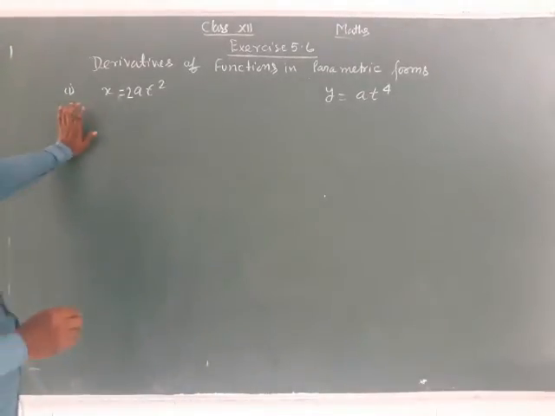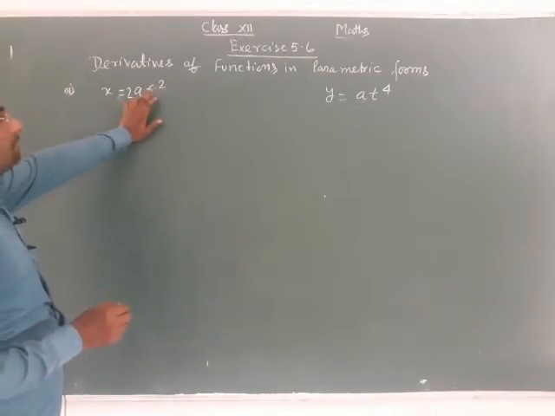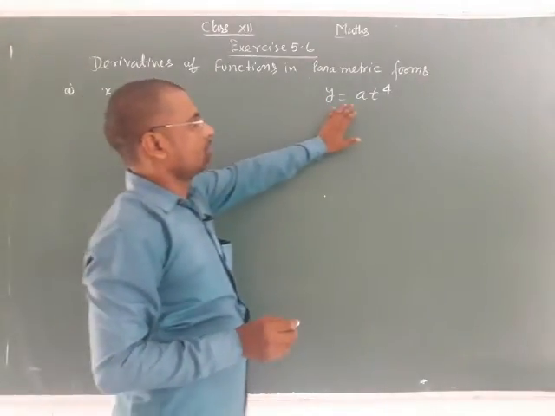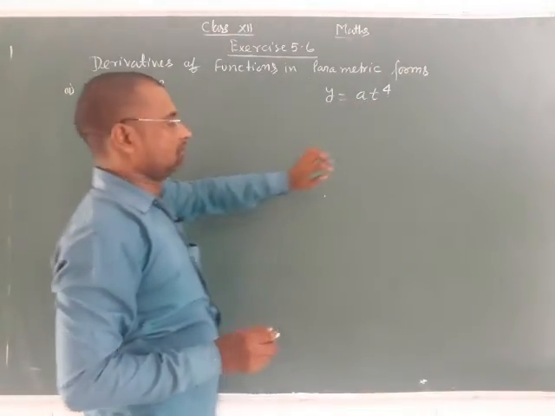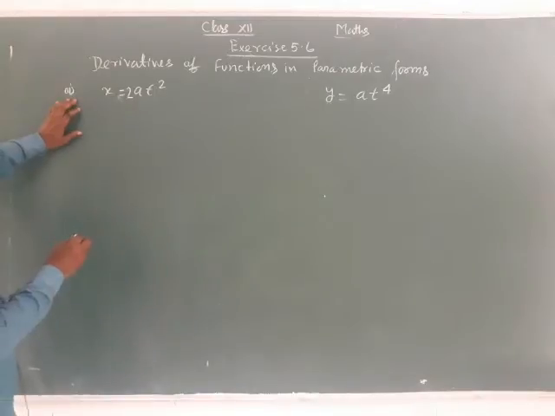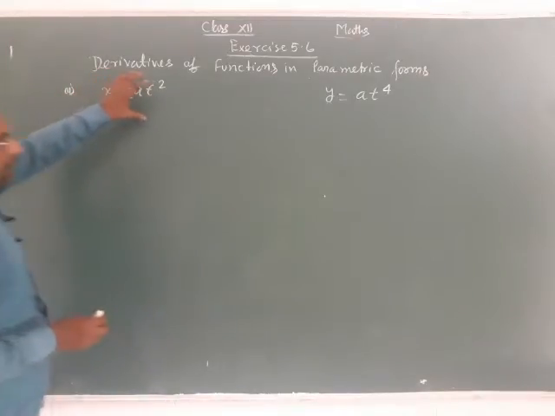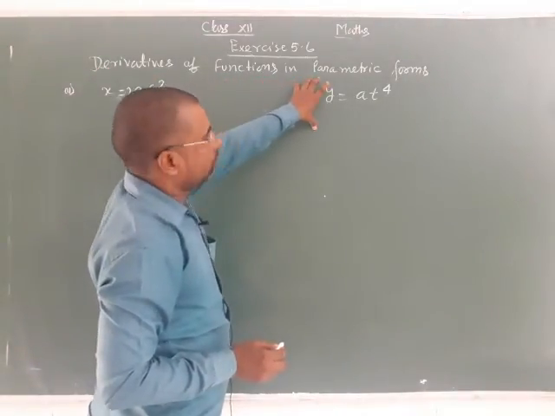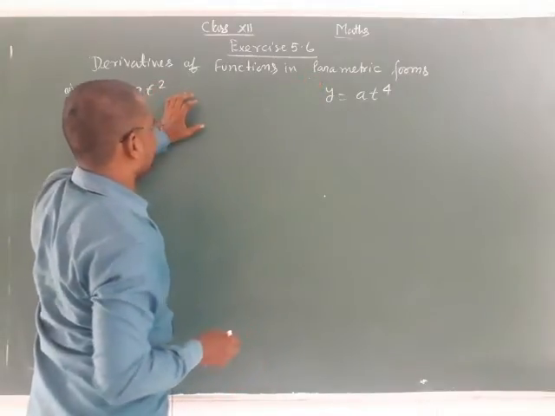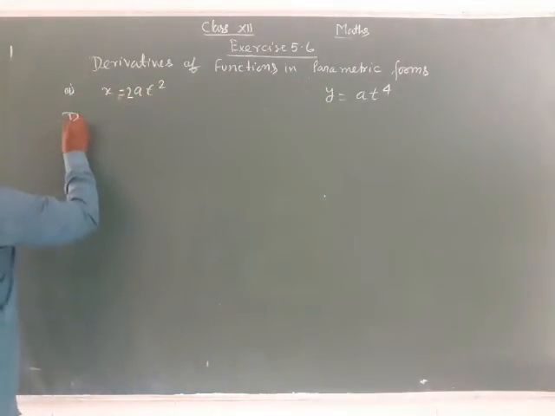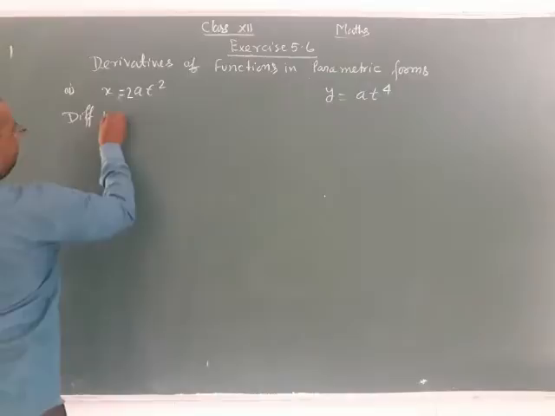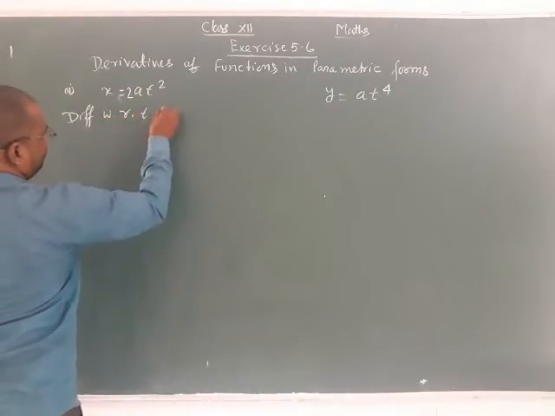And question number second: x is equal to 2at square and y is equal to at to the power 4. So now, in parametric form, two functions are given. Differentiate with respect to t.